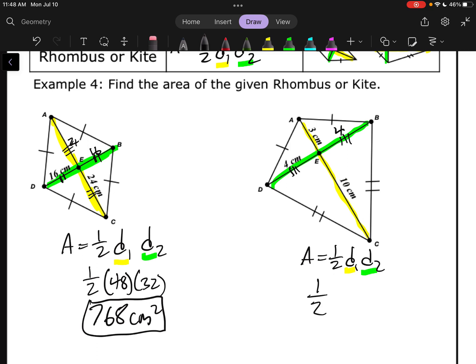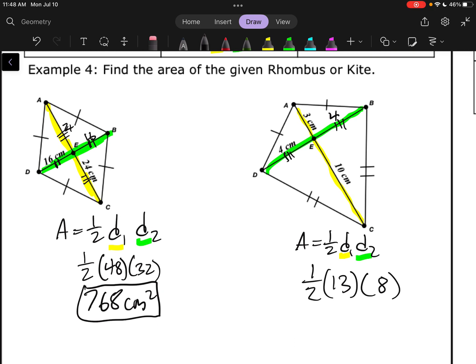So for this one, we want to do 1/2 times D1, which would be 13, the 3 and the 10, and then D2 would be 8 from the 4 and the 4. And when I do that, I should get 52, I believe. Yep, 52. 52 centimeters squared.